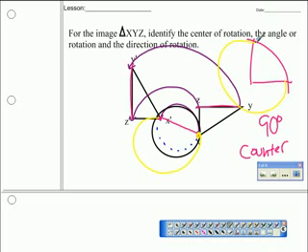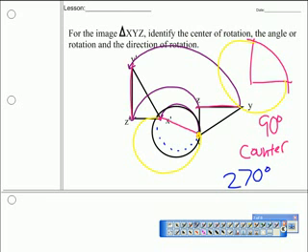So Brad, what's the other acceptable answer? 270 clockwise. There is something on the test like this, and the reason why I like this question, there are 2 right answers. So the counterclockwise, the clockwise, you pick one. What's the important part? Making sure you get the correct degrees. Yeah, the correct number of degrees.